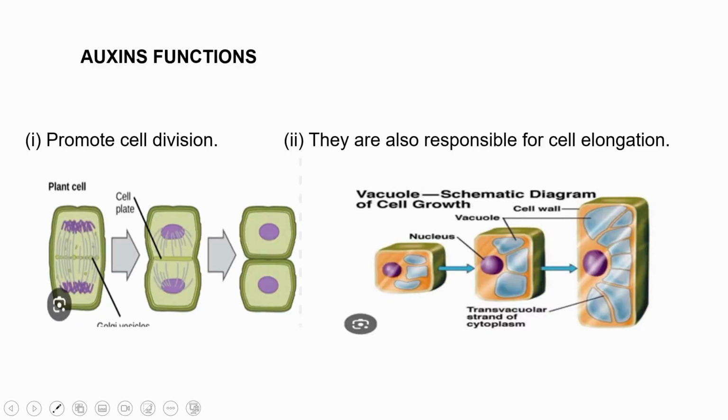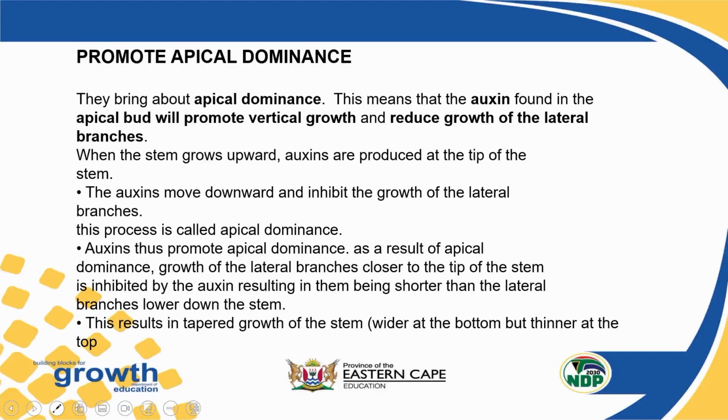As the cell elongates, it means it's increasing in size. Its increase in size is promoting growth in that particular plant. So auxins influence growth in a plant through promoting cell division as well as promoting what we refer to as cell elongation. And thirdly, auxins promote what we refer to as apical dominance.